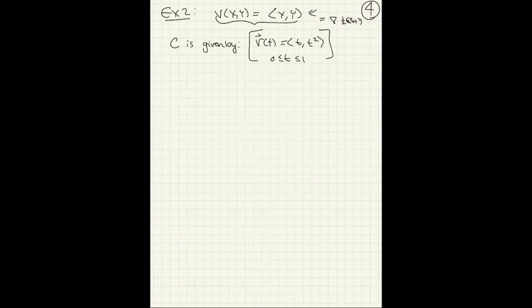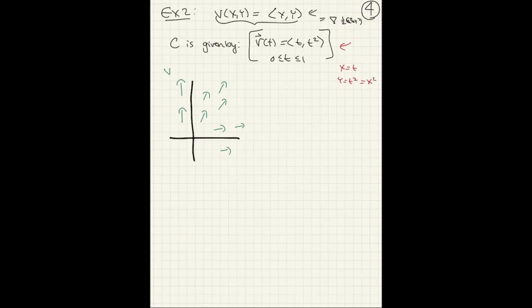All right, so let me plot our picture right now, and we'll see what we've got going on. In this case, my vector field emanates outwards from the origin. This is V. And my curve C is a leg of a parabola, because x is t and y is t squared, but t squared is just x squared.